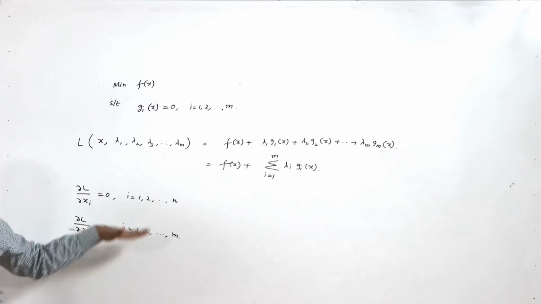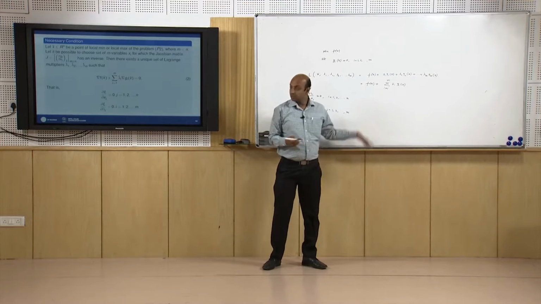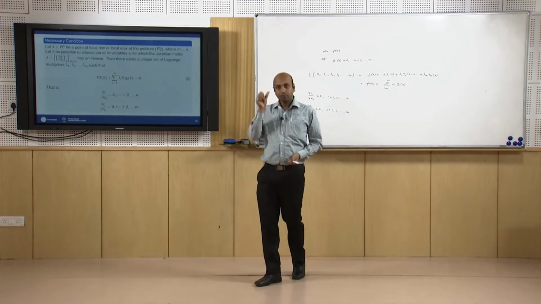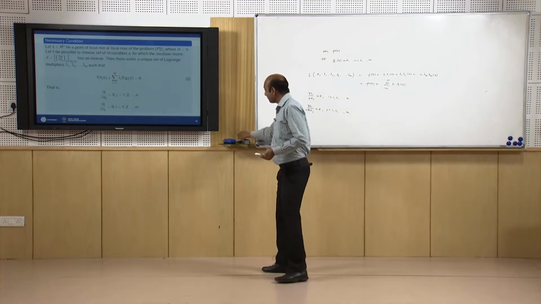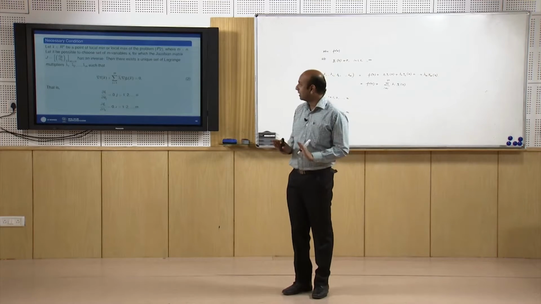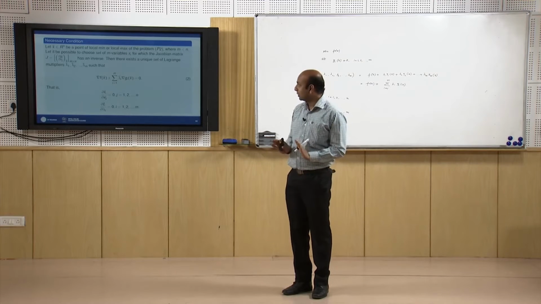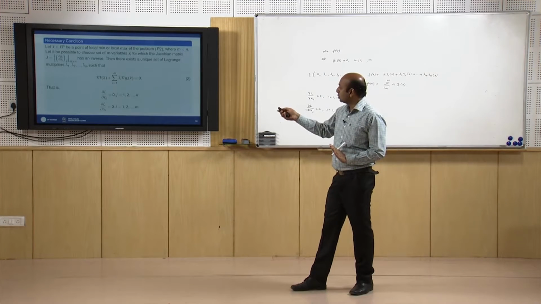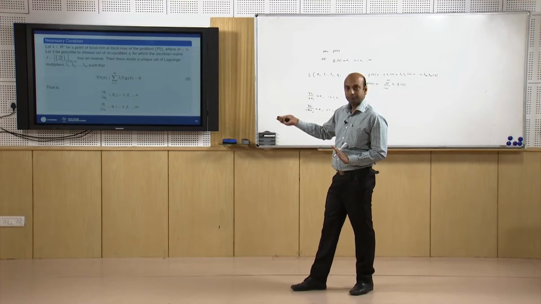So, from these two also we get back to that condition 1. So, this is a necessary condition: if the point is a point of local minima, then this condition 2 must hold.